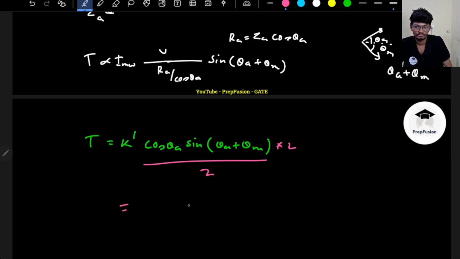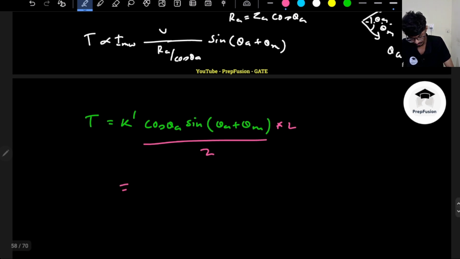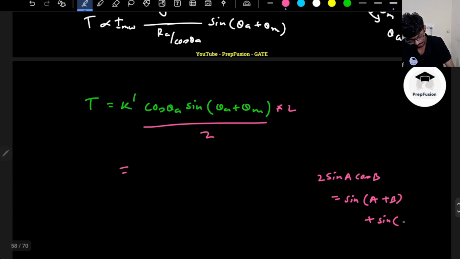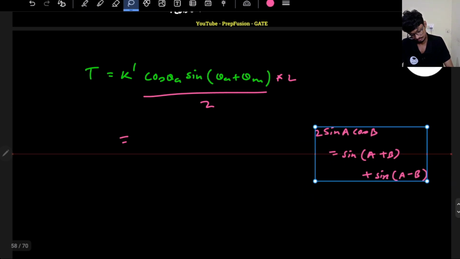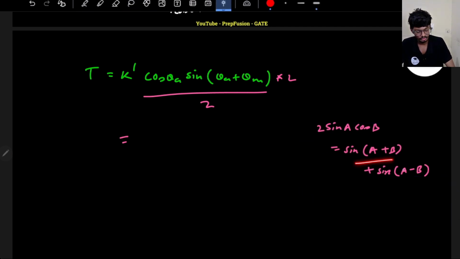What is the derivation basically? 2 sin A cos B will be sin of A plus B plus sin of A minus B. Sin A cos B plus cos A sin B, plus sin A cos B minus cos A sin B, so those two terms will be added and the cos A sin B will cancel.